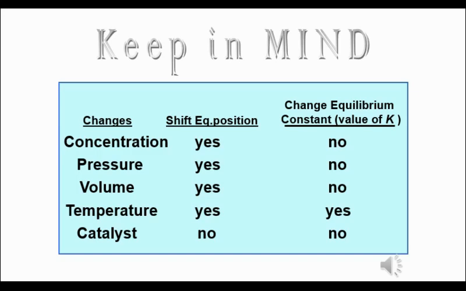Changing the pressure in the system will shift the equilibrium position, but it will not change the value of equilibrium constant. Changing the volume in the system will shift the equilibrium position but will not change the equilibrium constant value. Changing the temperature will shift the equilibrium position and also it will change the equilibrium constant value.